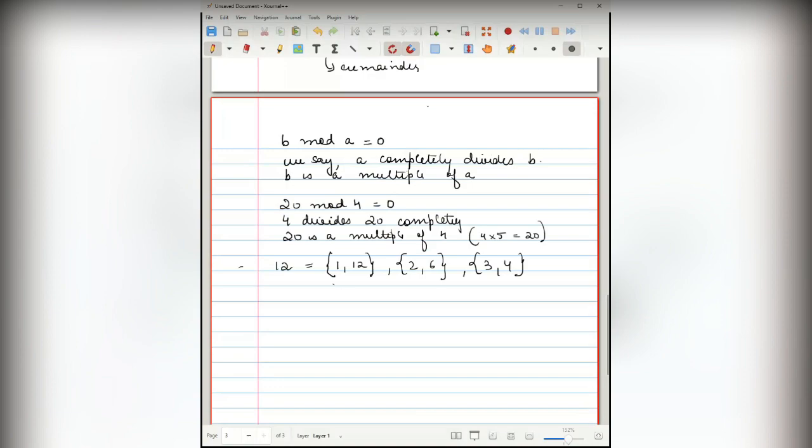So the factors are always in pairs. The exceptions are only the perfect squares. Let us see how. Let's say you want to find the factors of 25. So 1 and 25, right? And then 5. That's all. Here you can see the number repeats itself, so we will have only one element there. Otherwise, everything will be in pairs.